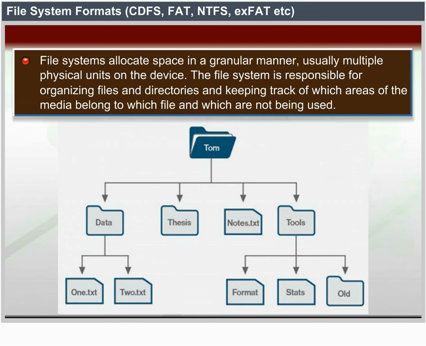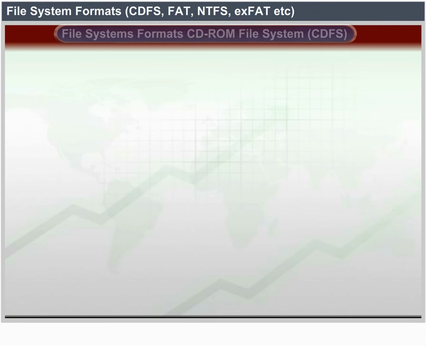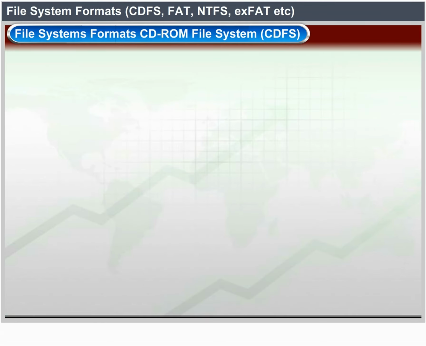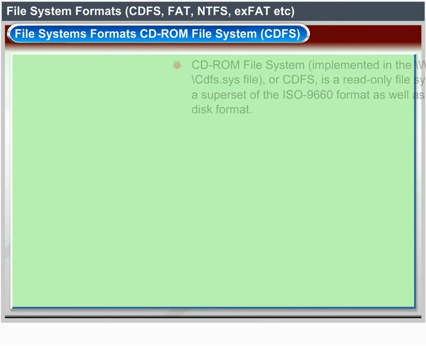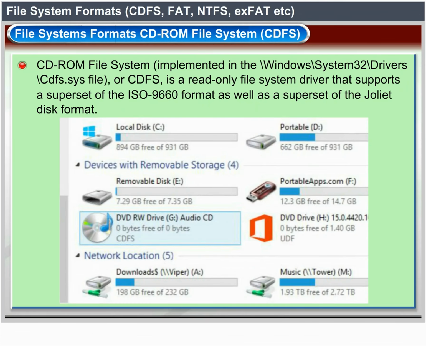File system formats: CD-ROM file system, CDFS. The CD-ROM file system, implemented in the Windows System32 drivers cdfs.sys file, or CDFS, is a read-only file system driver that supports a superset of the ISO 9660 format as well as a superset of the Joliet disk format.